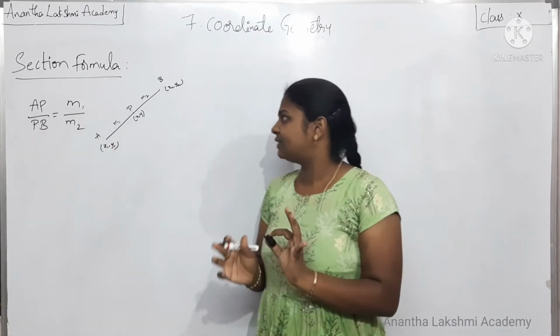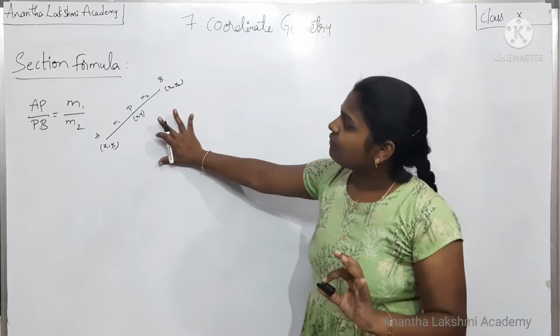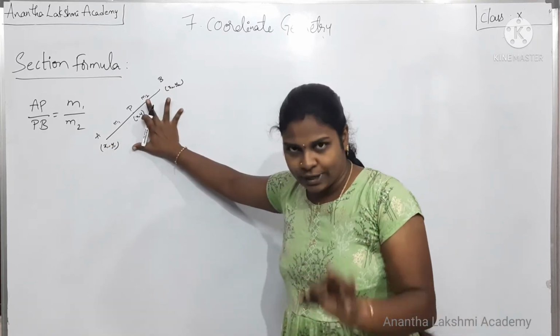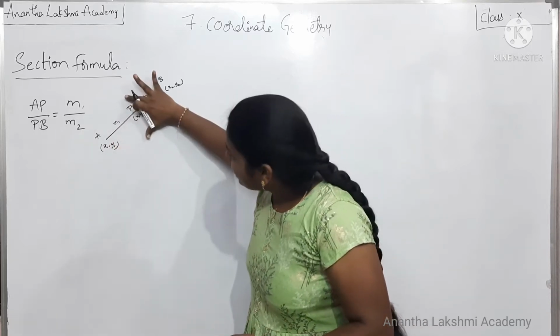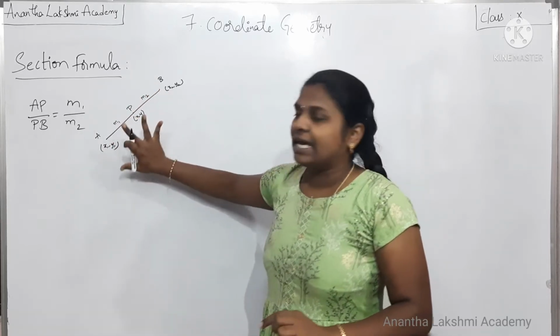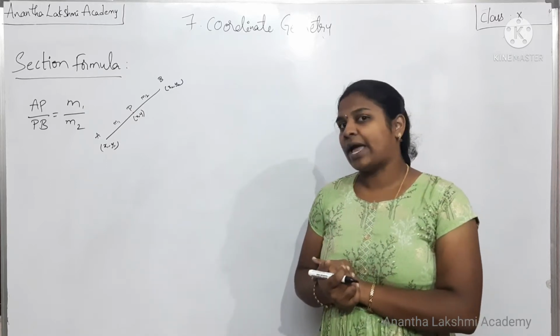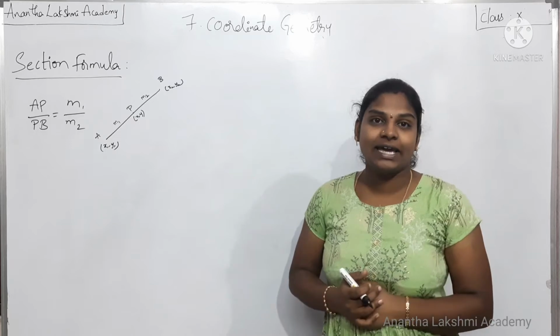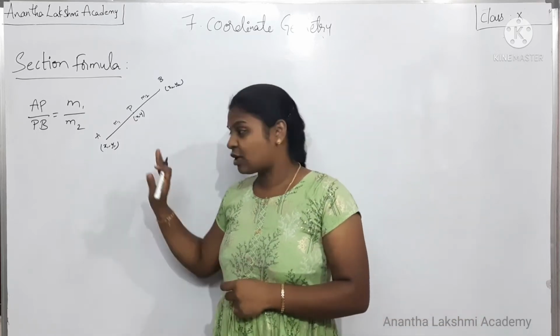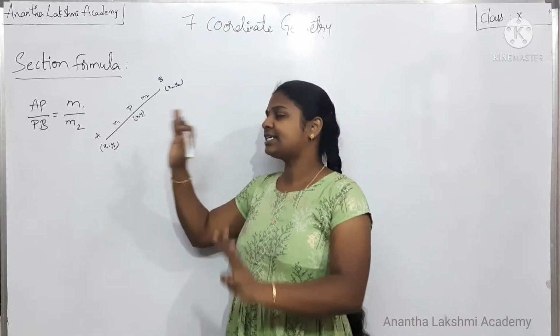Alright, listen to me carefully. We had 2 points and a line joining them, AB. When a point P divides AB in the ratio M1 is to M2, what will be the coordinates of x, y? That is what we are going to learn in section formula.